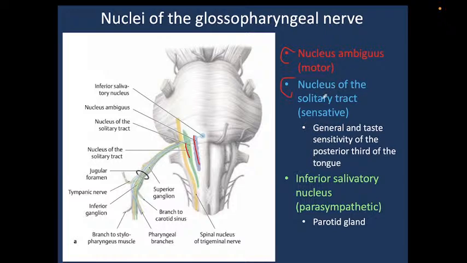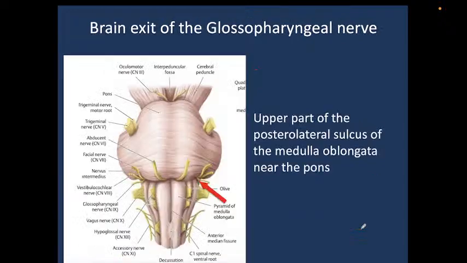We call this nucleus the nucleus of the solitary tract, and this is a sensitive nucleus, and it provides gustatory sensitivity, taste sensitivity of the posterior third of the tongue. And the third nucleus is called the inferior salivatory nucleus, and as you guess, it is responsible for secretion of the parotid gland, a salivary gland, one of the biggest salivary glands in our body.